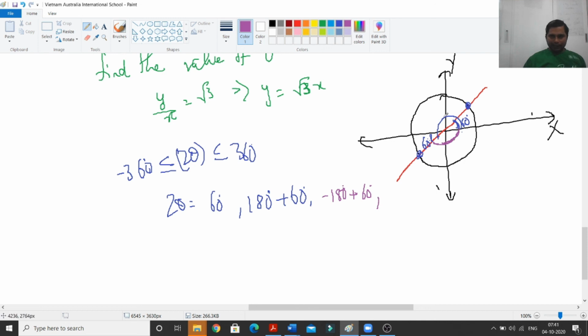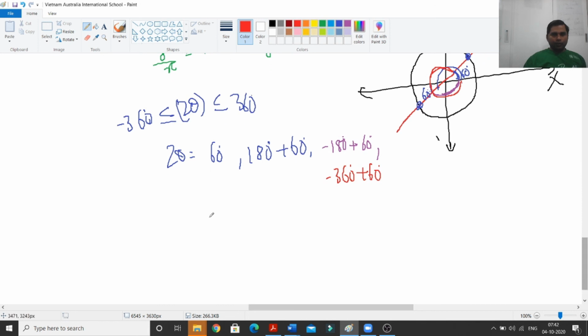And the other angle, this total angle is 360. But what we are looking for is this. What we are looking for, I'll take red color, is this still here, right? So that will be minus 360 plus 60. Okay, so 2 theta is equal to 60 and 240, minus 180 plus 60 is minus 120, and minus 300.